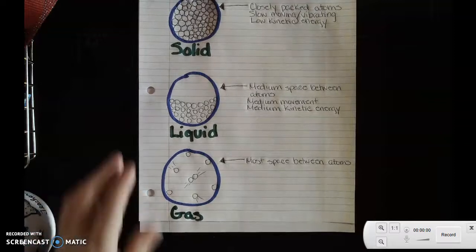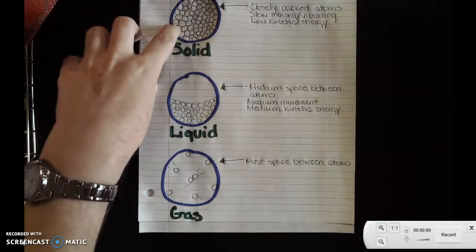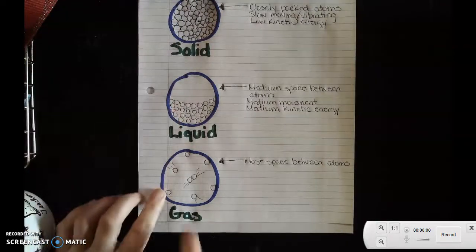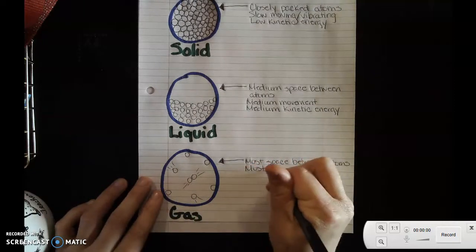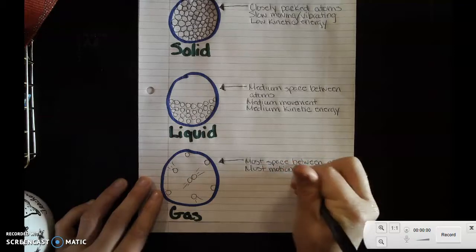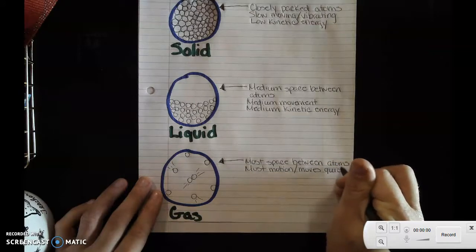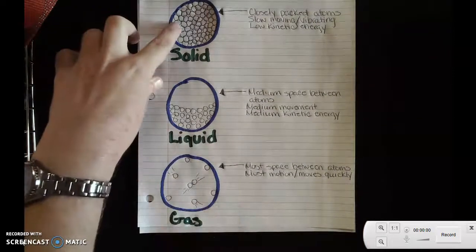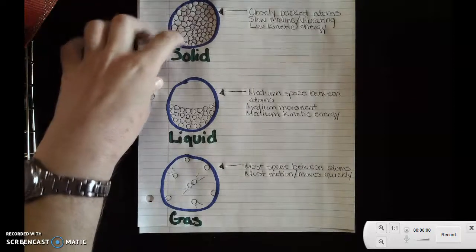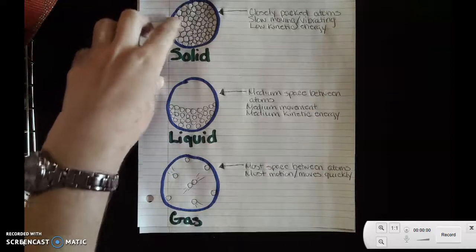When we're talking about the energy, when we're talking about the motion, this has the least motion, medium motion, this has the most motion. Put most motion, moves quickly. And then again, talking about our kinetic energy, this has the least amount of kinetic energy because it has the least amount of motion, because it has the least amount of space.